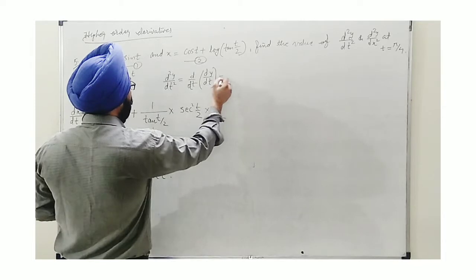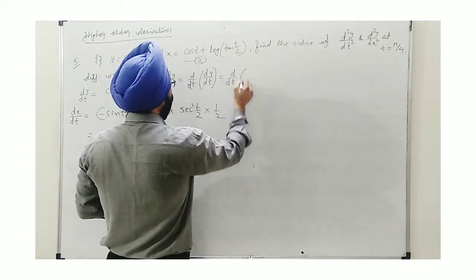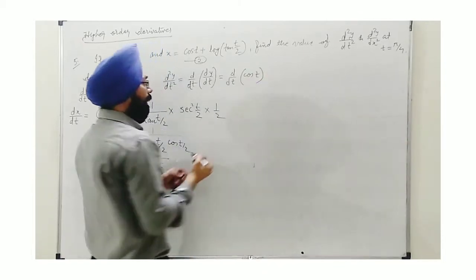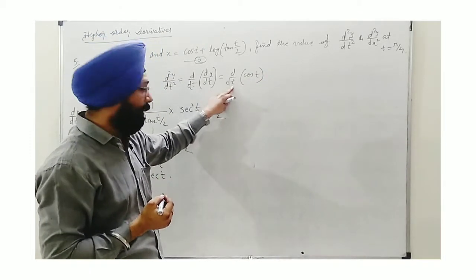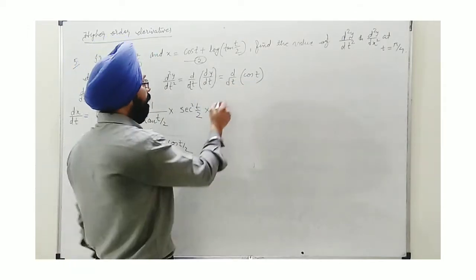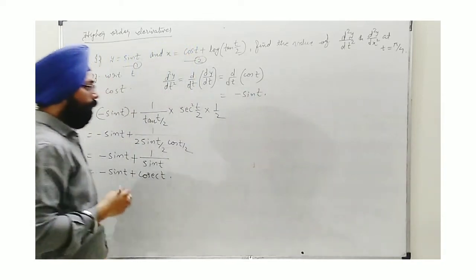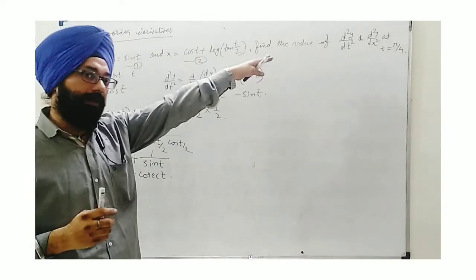And as we know that dy by dt is given cos t, d by dt of cos t, so yes, we are differentiating with respect to parameter, this also is in terms of parameter, so here we can do it directly, its differentiation is minus sin t. So that is the meaning of d square y by dt square.